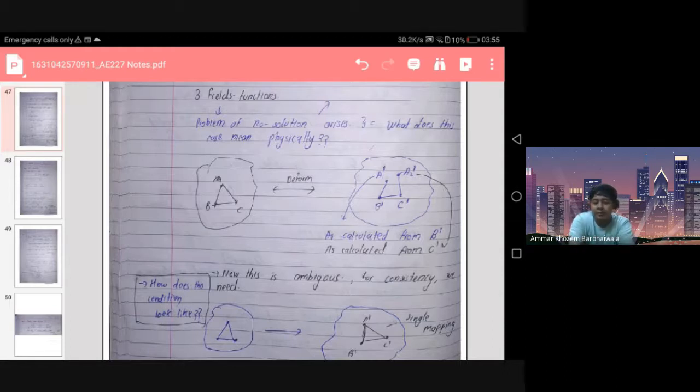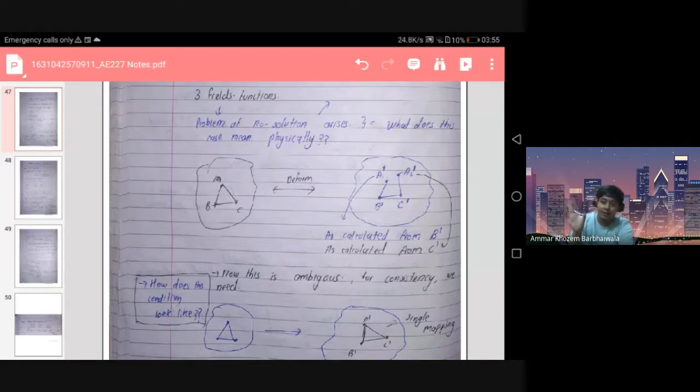Considering AB, according to displacement field 1, point A would go to A1 dash. But if I consider CA, according to displacement field 2, it would go to A2 dash, right? So point A is getting mapped to two different points by the displacement vector field, which is not possible.